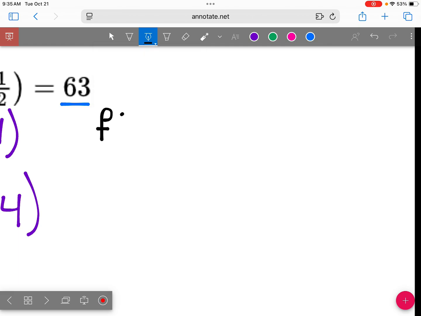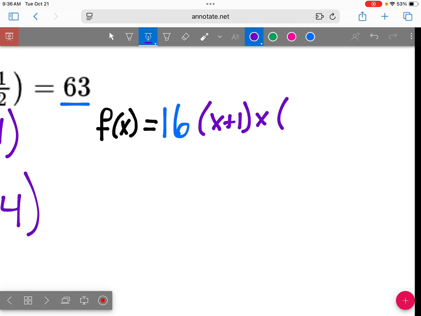So my f of x equals our A of 16. And then all of those factors are going to stay the same. We're going to have our x plus 1 times x minus 2, and x minus 4.